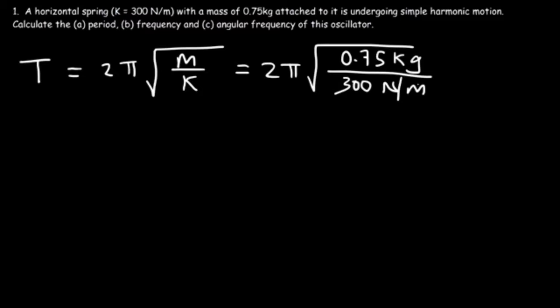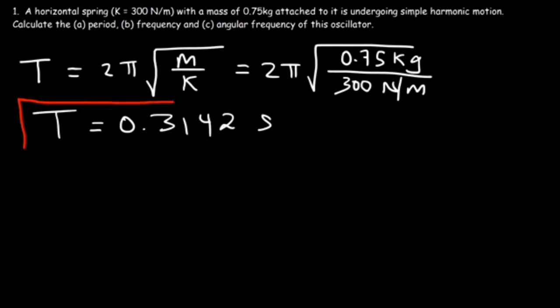Let's type that into the calculator. So the period is 0.3142 seconds. That's how you can find the period of a simple harmonic oscillator. All you need is the mass and the spring constant.